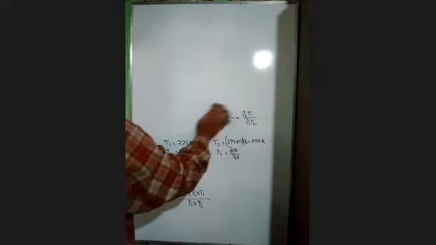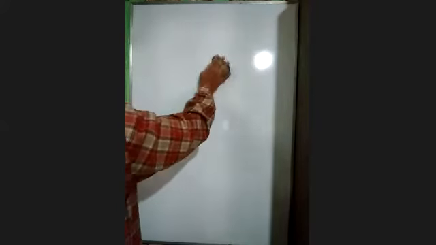Dalton's law of partial pressure sums are very easy. It is 6, I think 6, na?